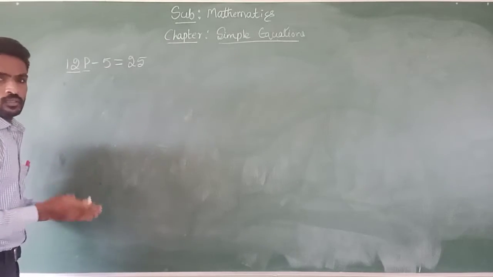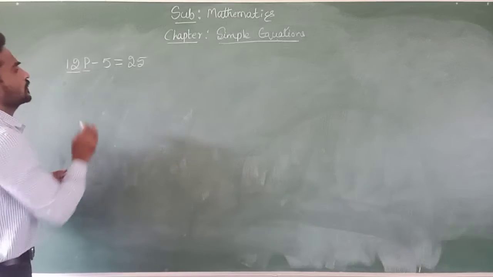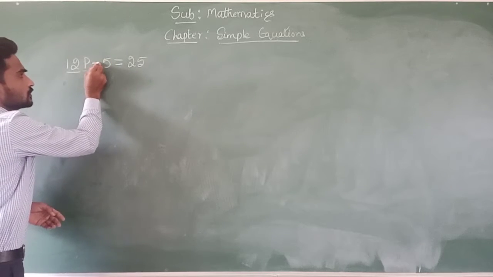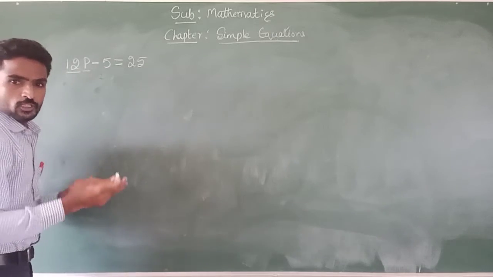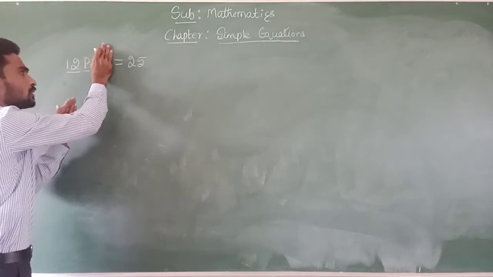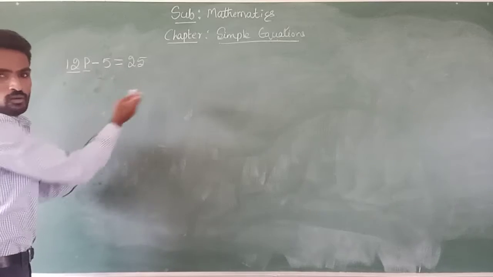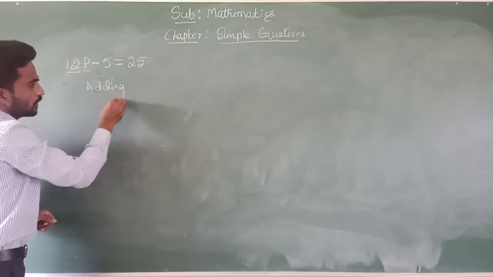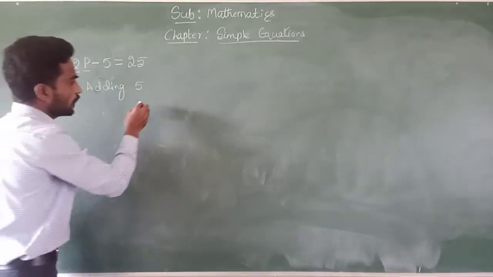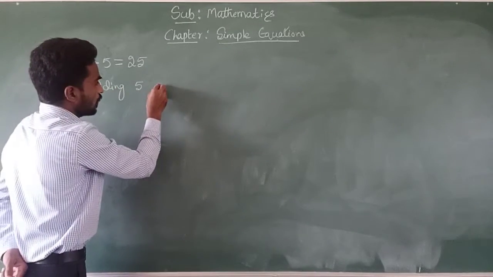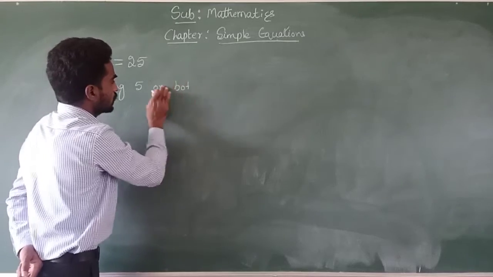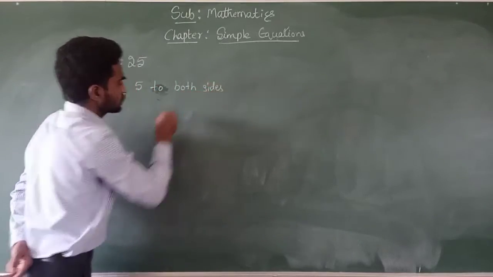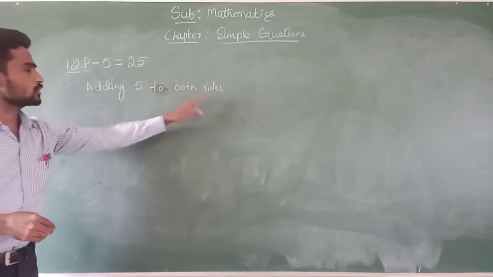We already know that there are two steps for solving this equation. First, subtraction of 5 is there, so to remove this 5, we add 5 on both sides.